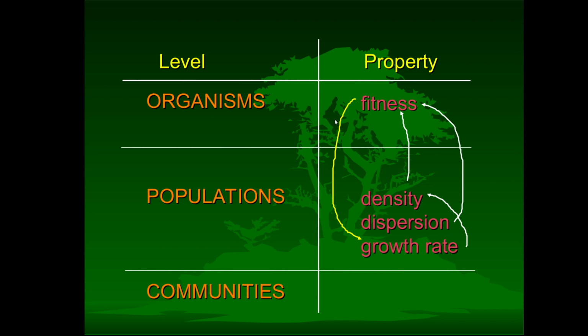So we've got this feedback or regulation going on, regulation on growth rate and population density that controls and prevents the density of the population from rising without limit. So we're talking about population regulation as a result of this negative feedback between populations and organisms.